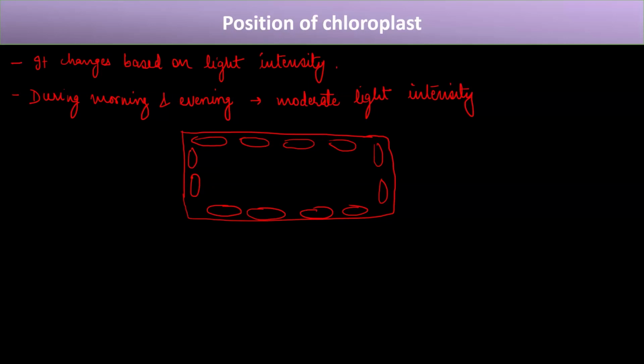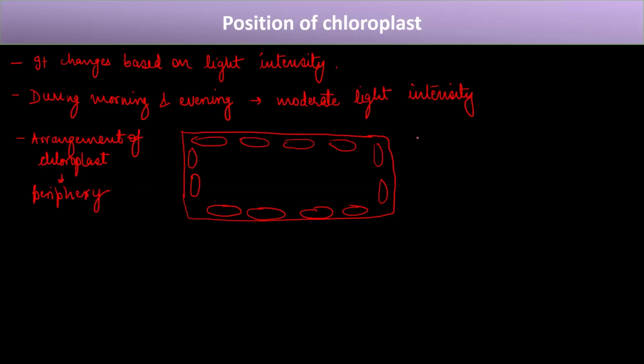So the chloroplasts will be aligned in such a way that they can absorb the maximum amount of light, right? So during this time, the arrangement of chloroplast is what? Peripheral, or it is located at the periphery, right?